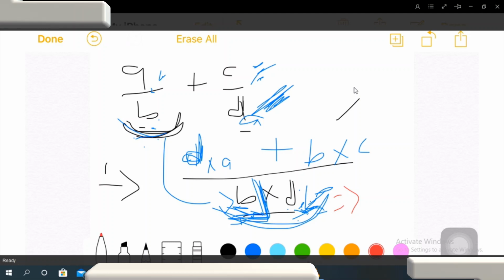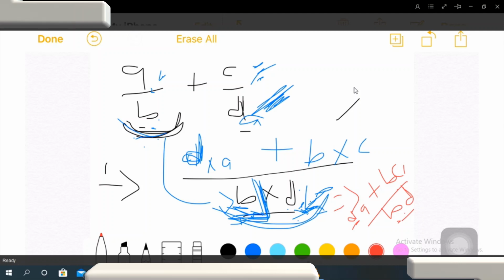Make sure you get DA plus BC over BD. So you see how the alphabets have intertwined, or how they've moved. So this BD, this D has come to me the A, this B has come to me the C.